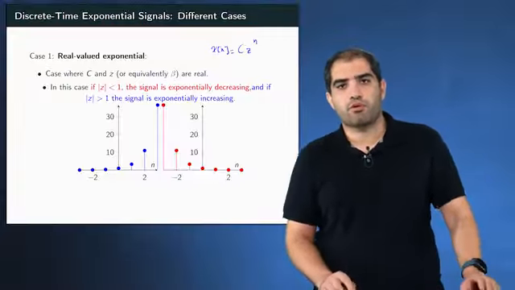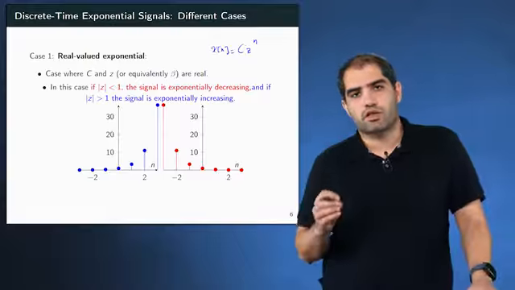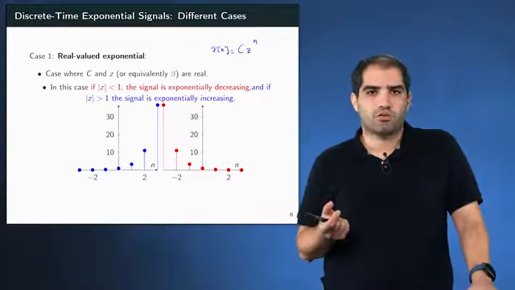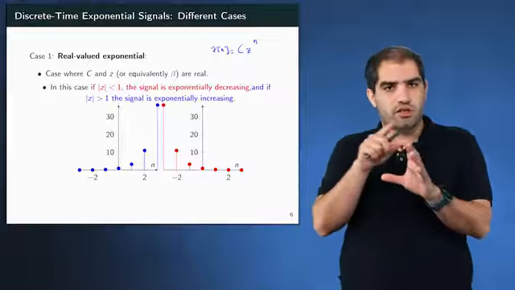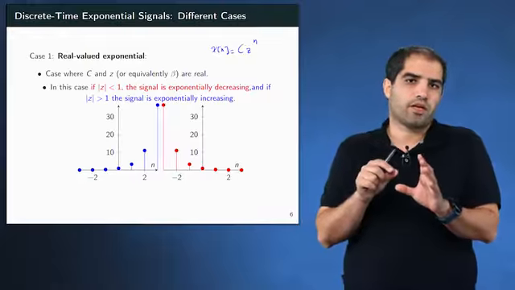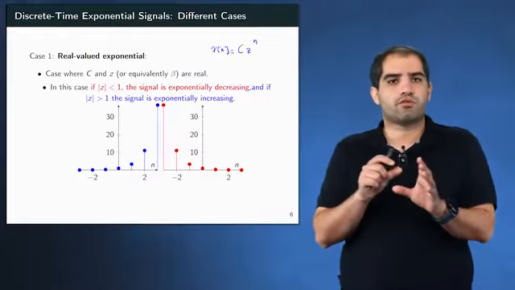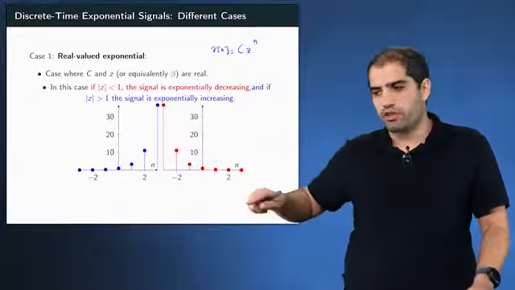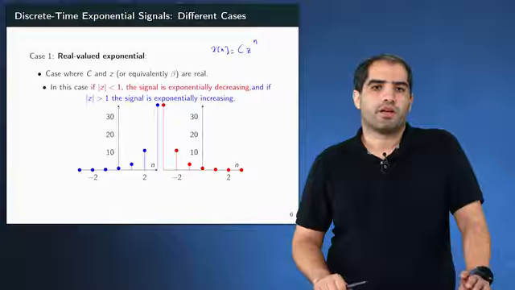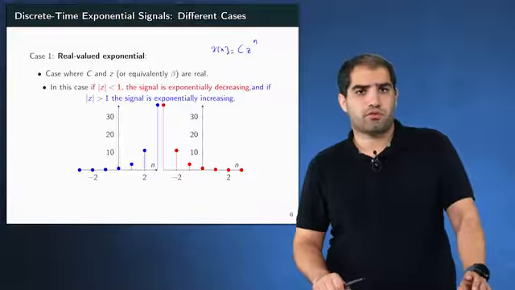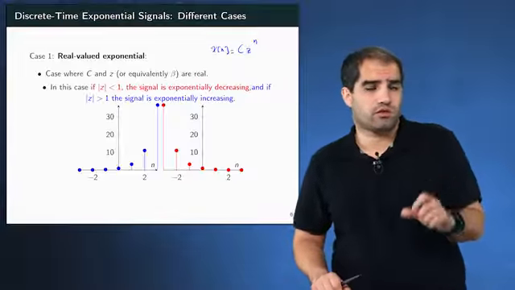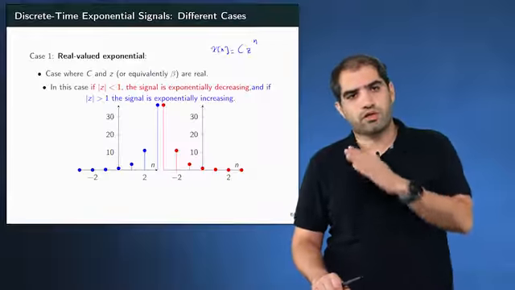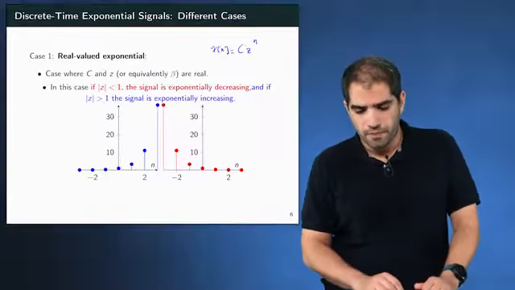So z is in general a complex number. If the absolute value of z is less than 1, or in other words, z is inside the unit circle on the complex plane, then if I look at the absolute value of x[n], we have an exponentially decreasing signal. In the case that the absolute value of z is greater than 1, or in other words, z is outside the unit circle, we are dealing with an exponentially increasing signal.